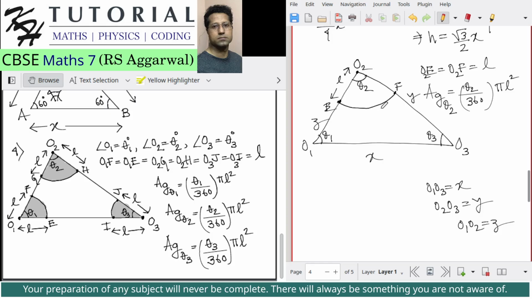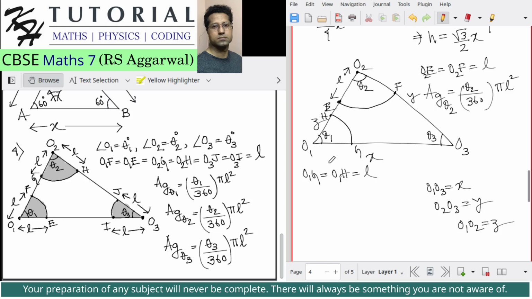So similarly, when the animal is tied at the vertex O1, the maximum area on which the animal can graze will be this sector. Let's say this be E, F, G, and this point be H. So definitely O1 G will be equal to O1 H will be equal to the length of the rope or the radius of the sector.